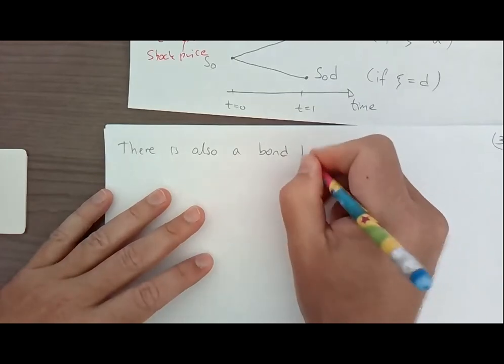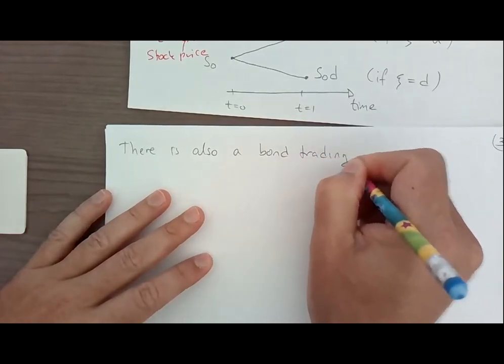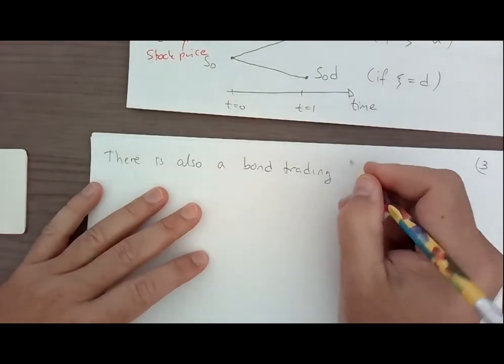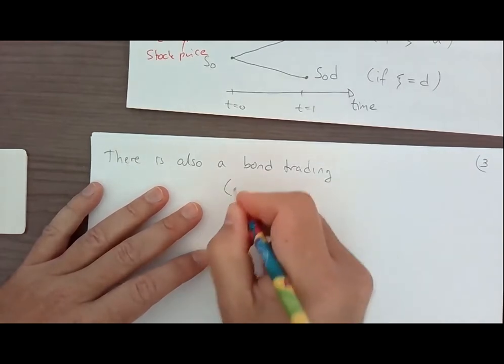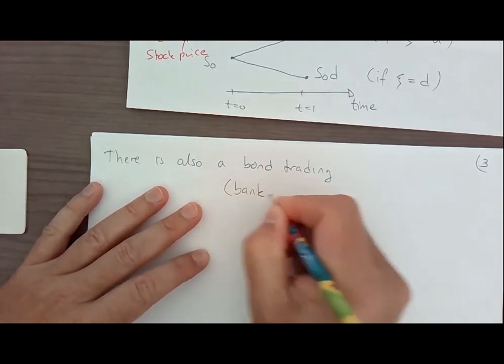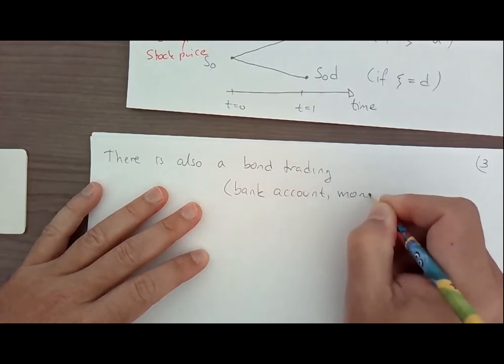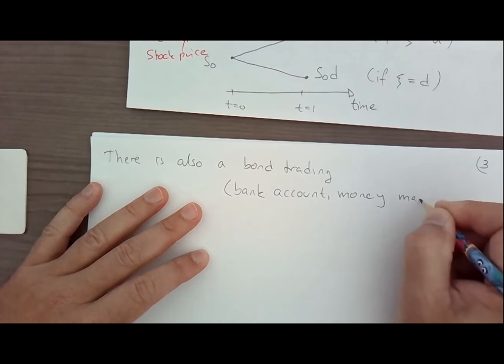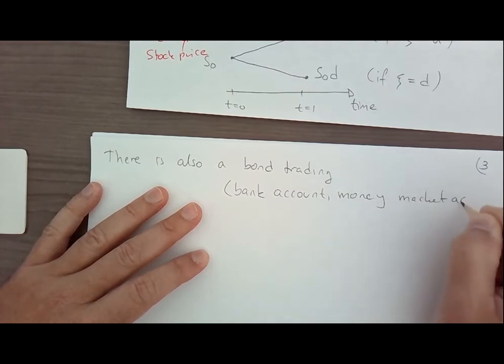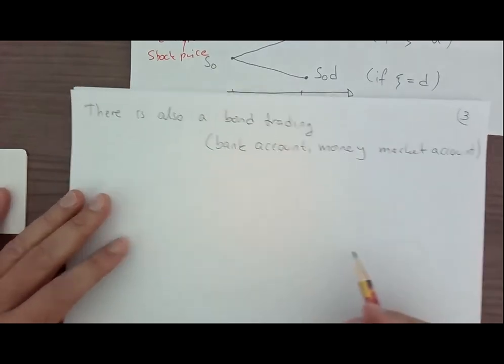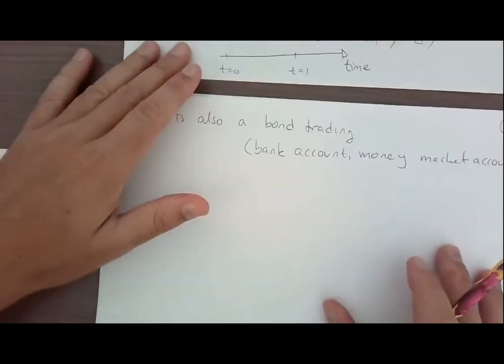There's also bond trading. And in this particular case, this is also called a bank account or a money market account.